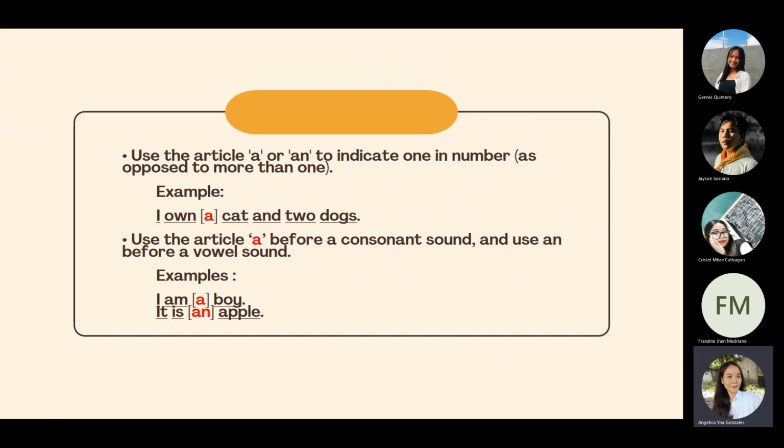It was discussed previously and has been tackled a while ago. In the sentence, I am a boy, the word boy begins with a consonant, so they use the indefinite article a. Next, it is an apple. They use the indefinite article an because it is followed by a vowel sound, the a in apple.